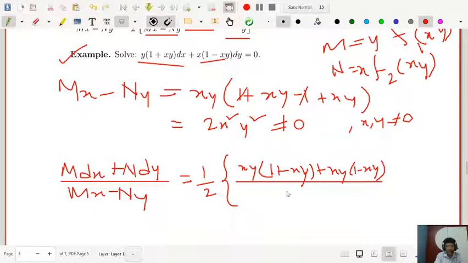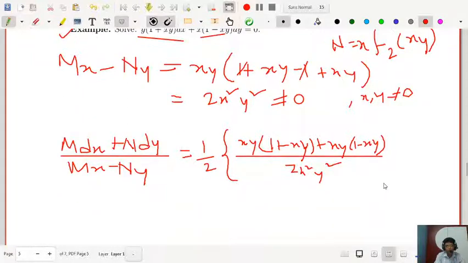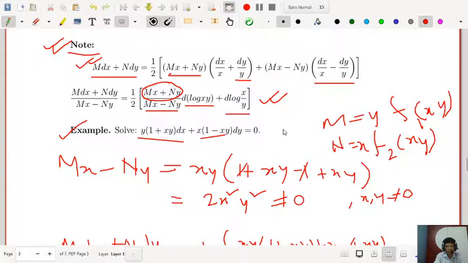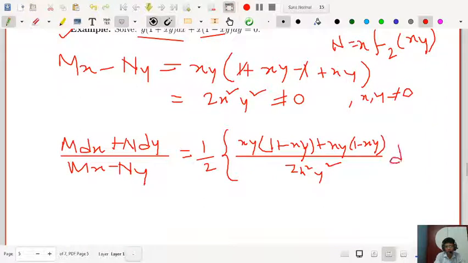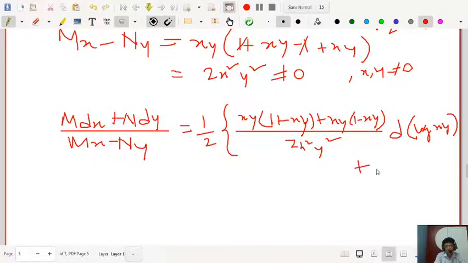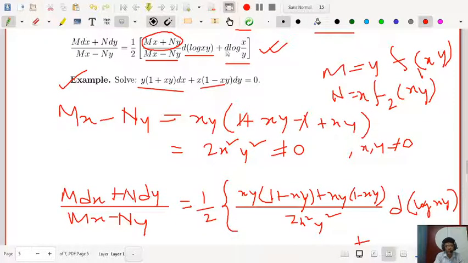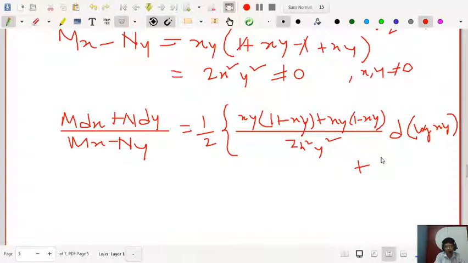The denominator Mx minus Ny is 2x squared y squared, and you have d log of xy plus one additional term, d log of x by y.